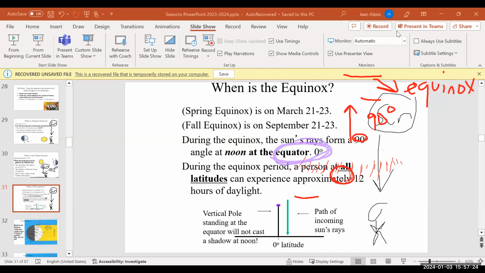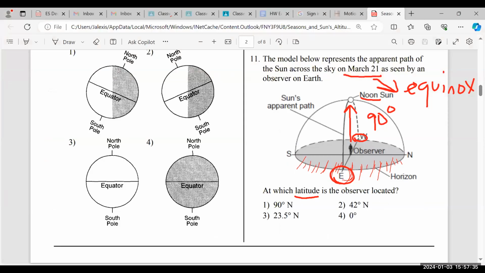And that lets me know that if the sun is directly above the observer's head at noon, and it occurs on March 21st during the equinox, the answer is choice 4, at the equator.